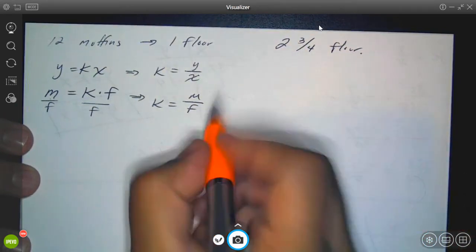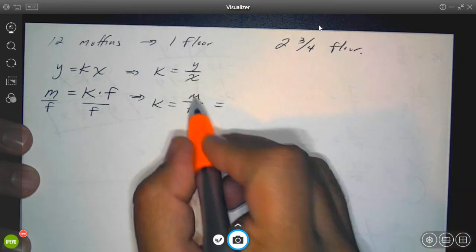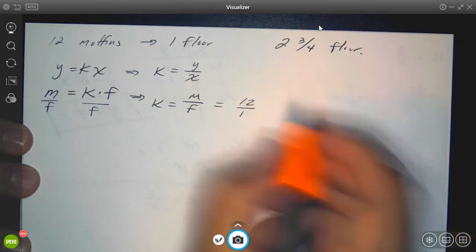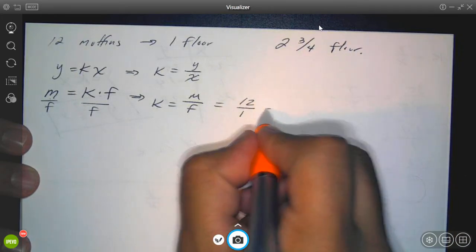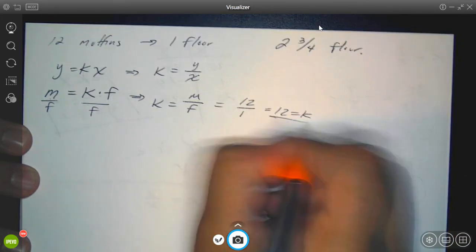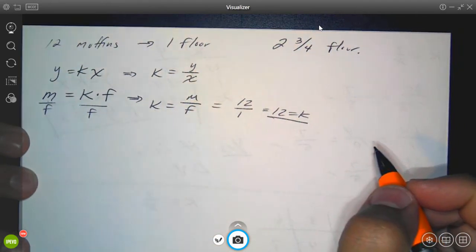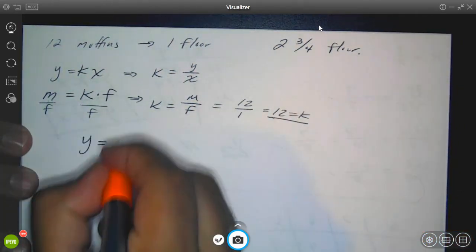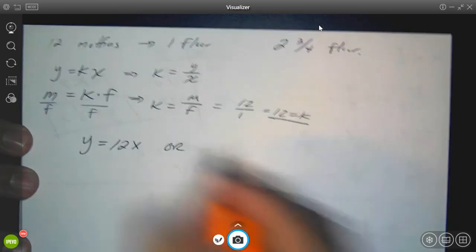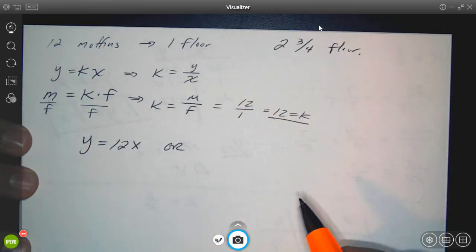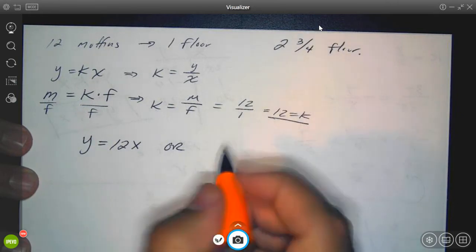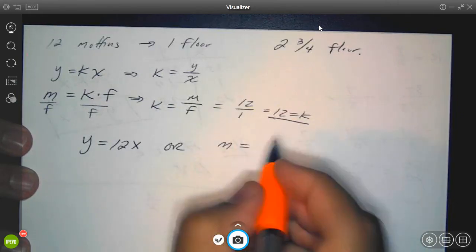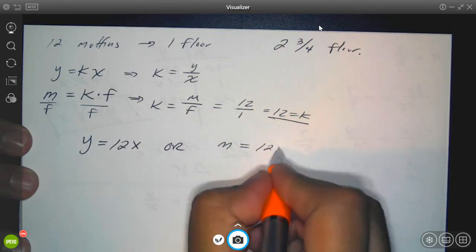So again, I get my constant of variation: muffins, 12, to cups of flour, 1. So the value of k is 12. Now that we have that, our equation is y equals 12x. Or, using the variables you came up with, the number of muffins is equal to 12 times the number of cups of flour.